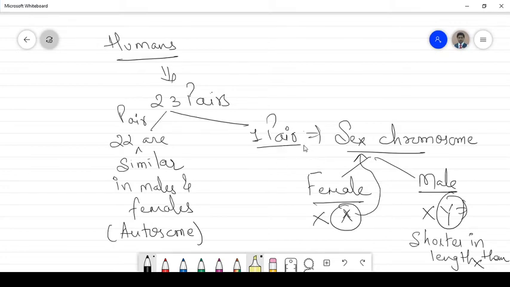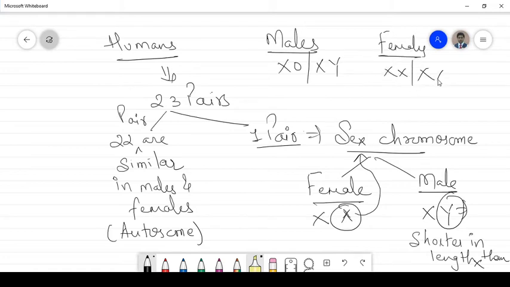Now see, in both the above types we have discussed, in the males it is the XO and the XY, whereas in the females it is XX and XX again.